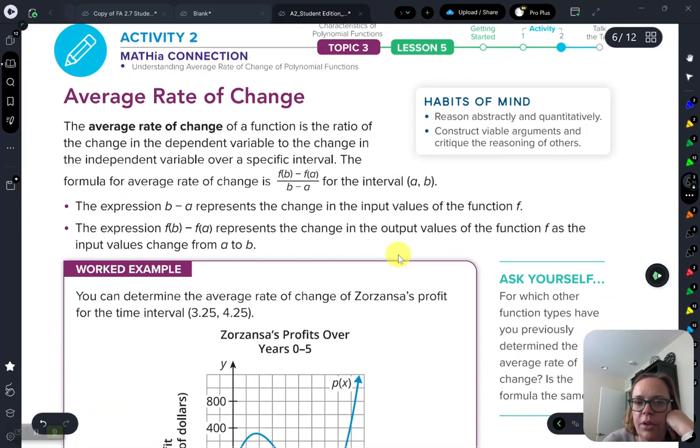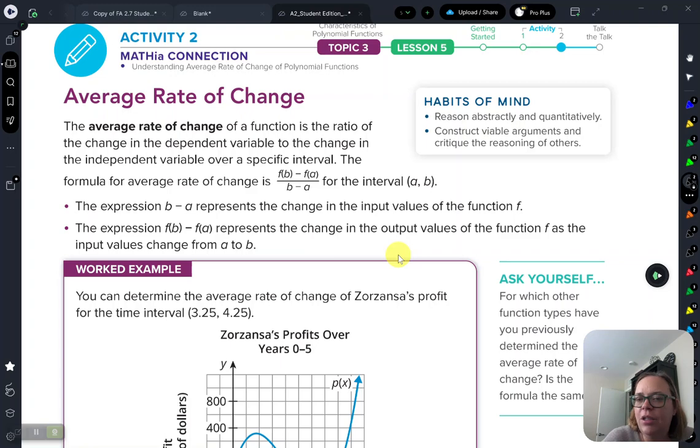All right, let's go ahead and take a look at activity 2, and this is where you're going to get the important formula of the average rate of change. The average rate of change of a function is the ratio of the change in the dependent variable to the change in the independent variable over a specific interval. The formula for the average rate of change is f of b minus f of a divided by b minus a for the interval a to b.